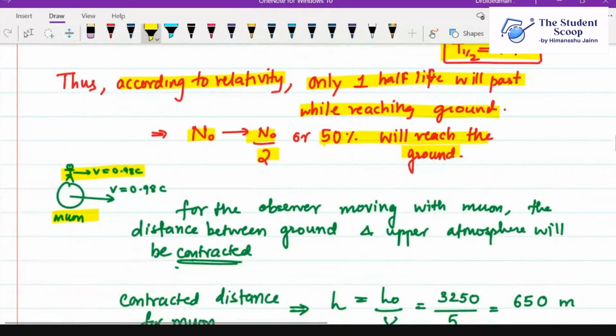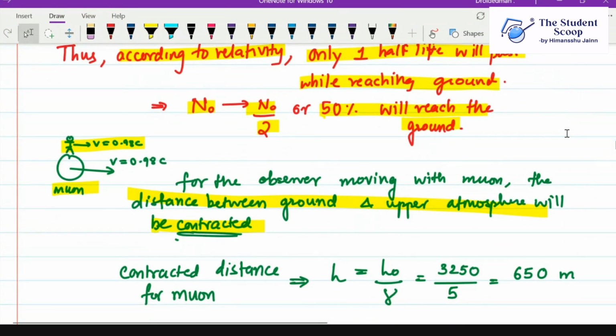For the observer on the muon, the distance between the ground and the upper atmosphere will be contracted because it is moving at that speed. Using the length contraction formula, 3250 divided by the gamma factor 5 gives 650 meters as the contracted length.